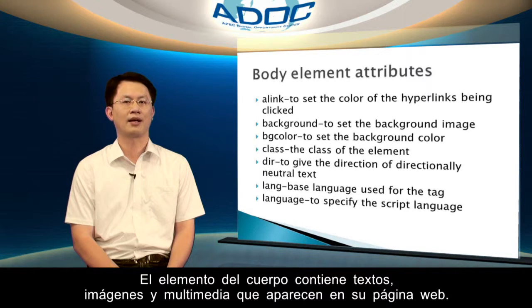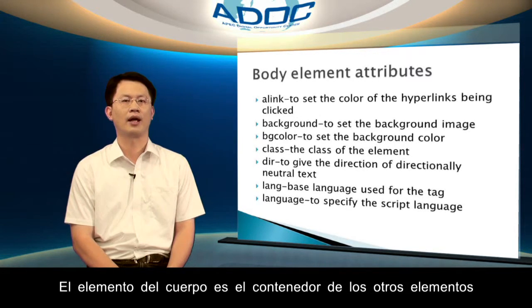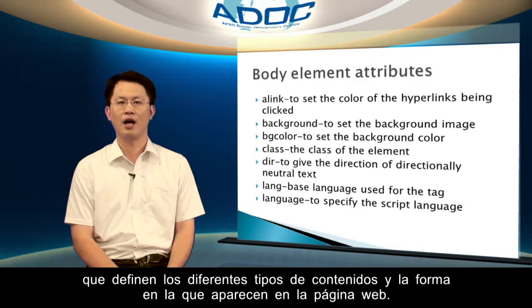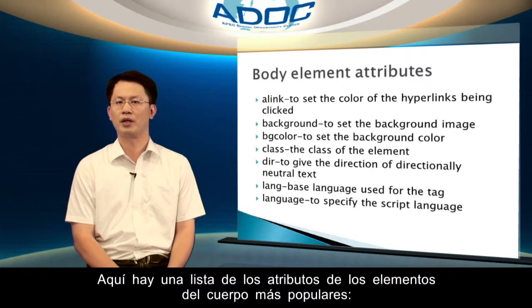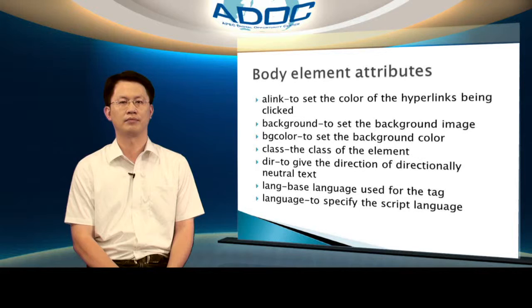The body element contains the text, images, and multimedia that appear in your web page. The body element is the container of other elements that define different types of content and the way they appear on the web page. Here is the list of popular body element attributes.